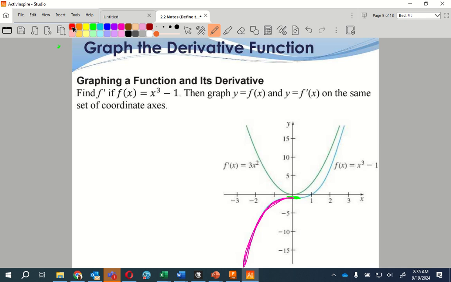I will sketch my Mario again because my Mario is pretty awesome. Gotta have that huge hat too. Anyway, there's my Mario. My Mario is going this way. So, Mario's taking the purple line, right?